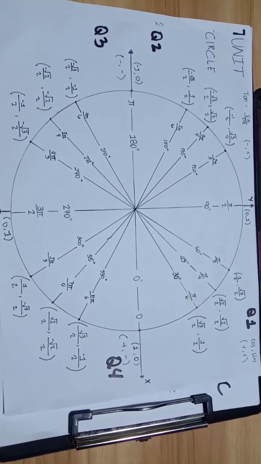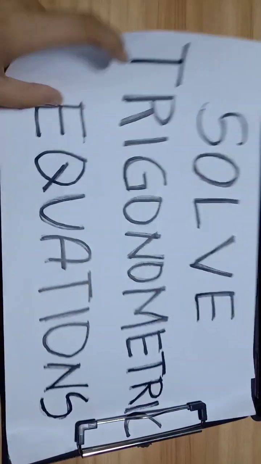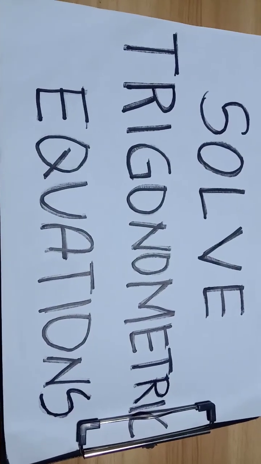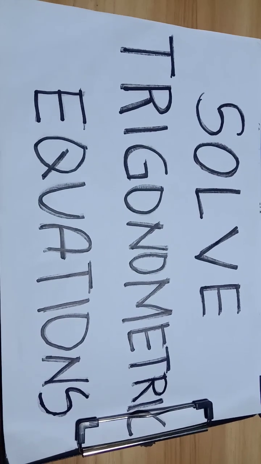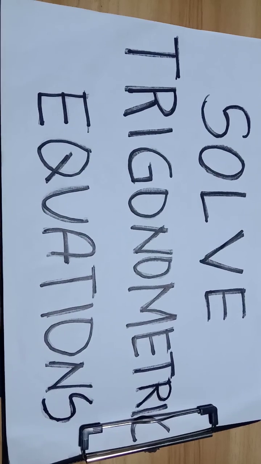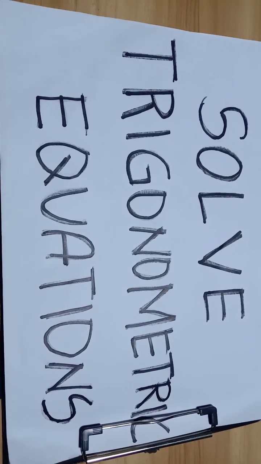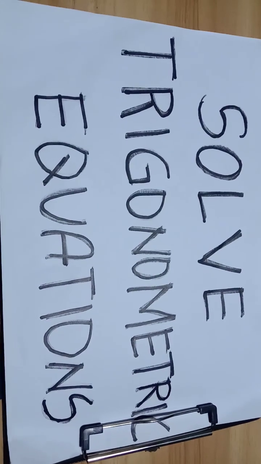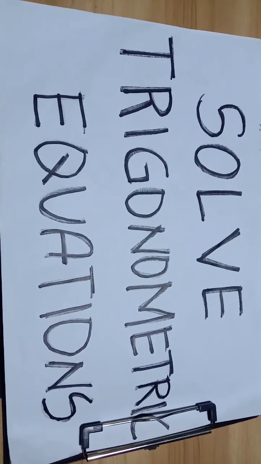So, let's proceed now. Today, we're going to work on learning how to solve trigonometric equations. A trigonometric equation is an equation with an equal sign that involves a trigonometric function. When you're solving a trigonometric equation, you're trying to find the angles that make the equation true.